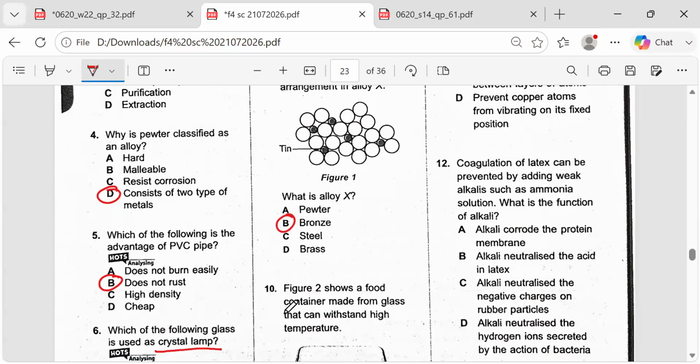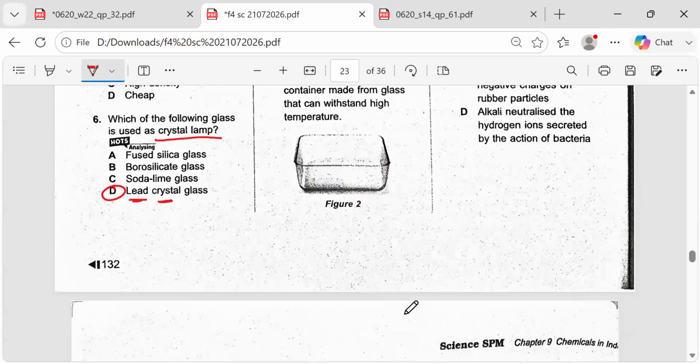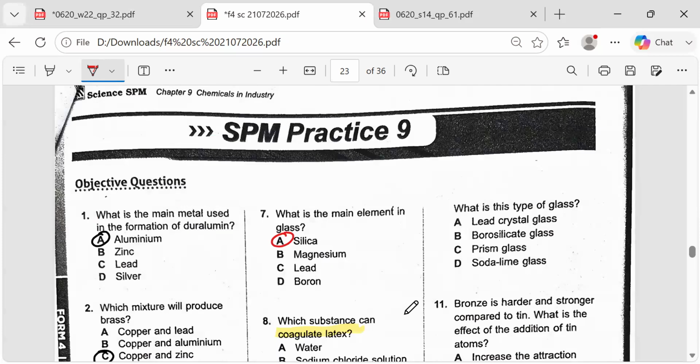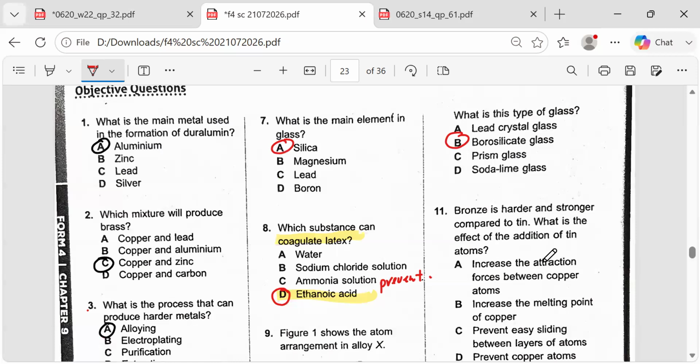Which glass can withstand high temperature? Soda lime glass is the one that cannot withstand high temperature. Borosilicate glass is our normal cup. Prism glass is the one used to make the triangular prism that can produce spectrums, right? Bronze is harder and stronger compared to tin.